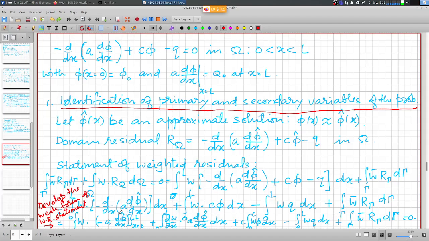So the secondary variable of the problem is the coefficient associated with the weighting function. Coefficient of the weighting function term is the secondary variable of the problem. So this is the secondary variable, right?